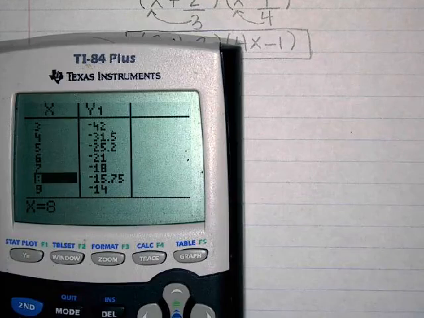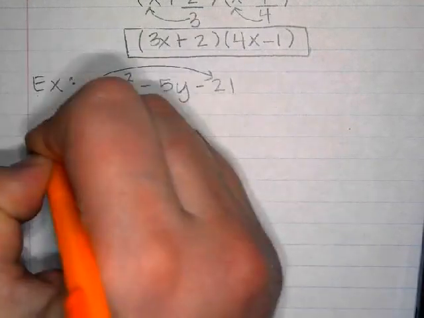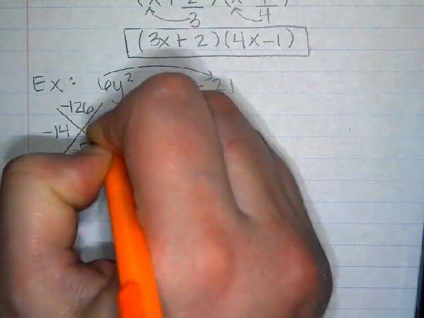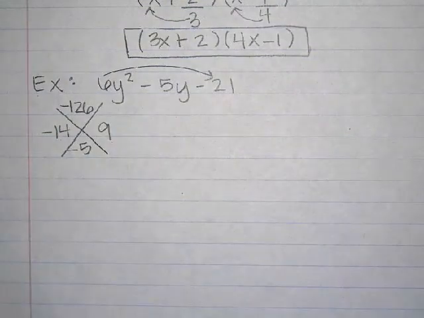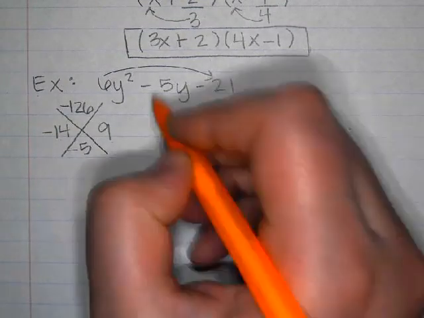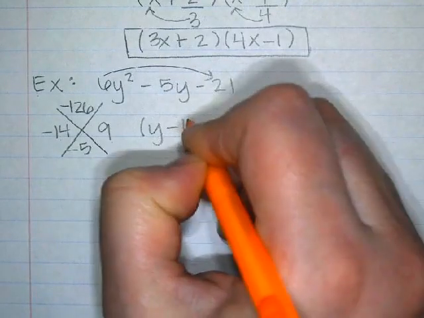Negative 14 and 9. So I'm going to say y minus 14, y plus 9.